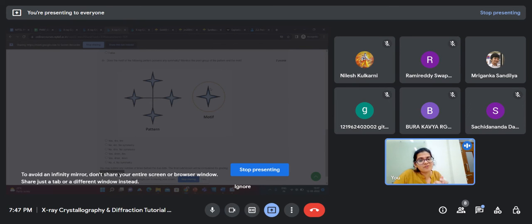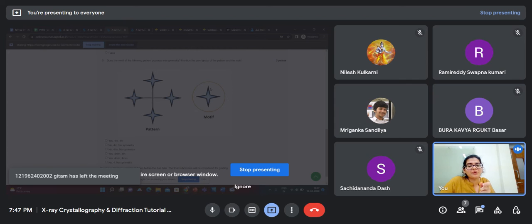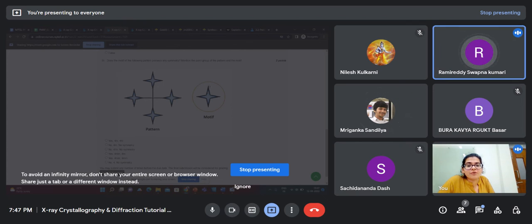This is a point to remember. If a motif or any object has C4 symmetry, then it is for sure that C2 symmetry will always be present, right? You can see, if you rotate it by 180 degrees, then this motif will come here and this will come here. So again it will give the identical picture.